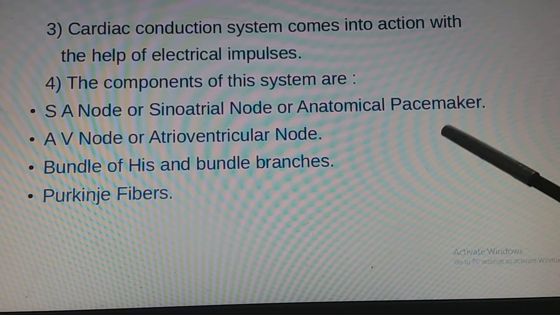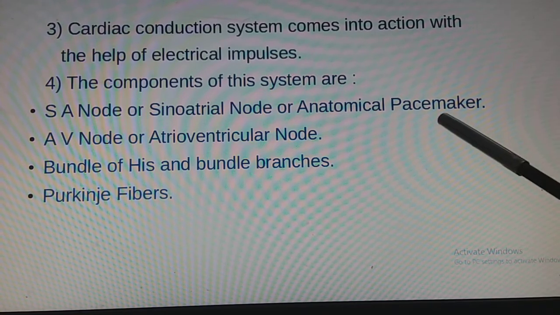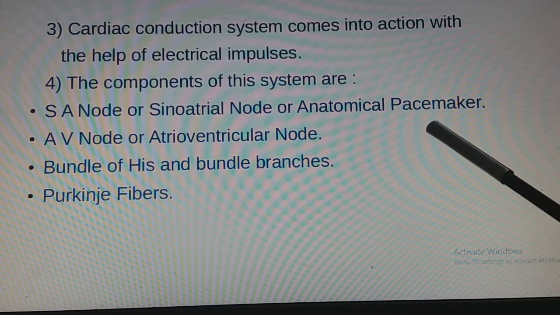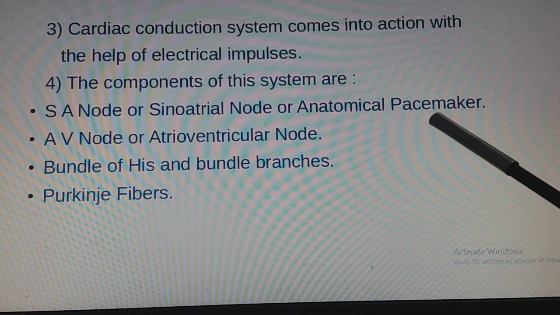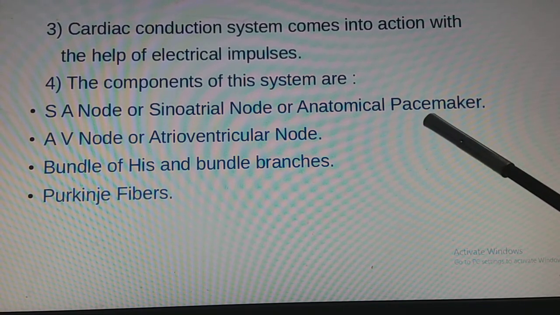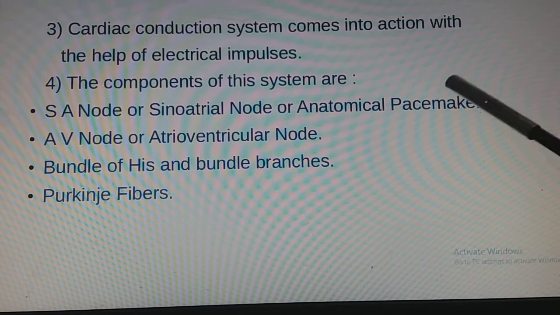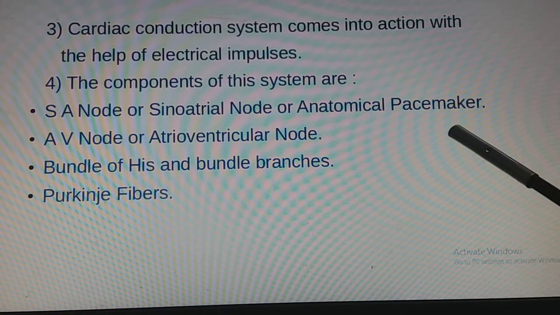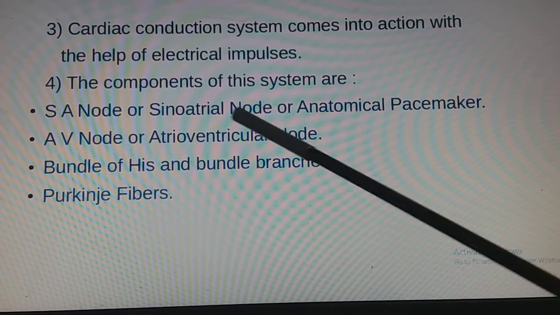You all know that if, due to some disease or other abnormality or disorder, or because of age, the heart shows a deformity in functioning, an artificial pacemaker is implanted into the human body. That means the pacemaker generates an electrical impulse in order to contract the atria and ventricles. So the natural anatomical pacemaker is the SA node, or sinoatrial node.